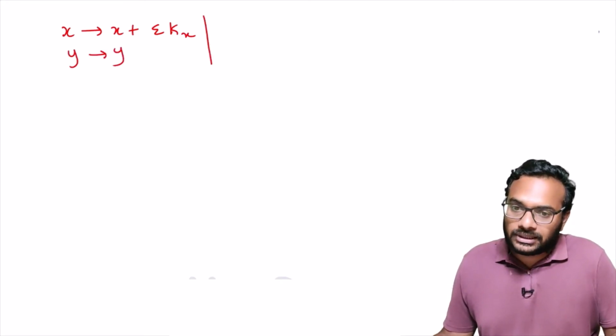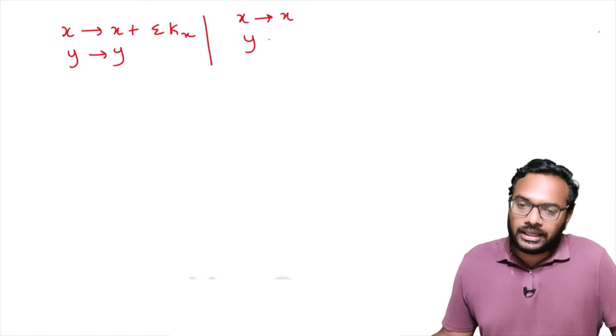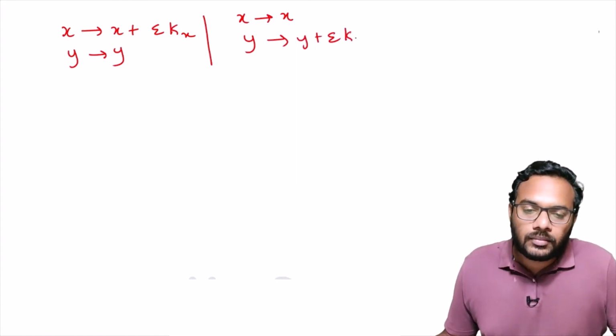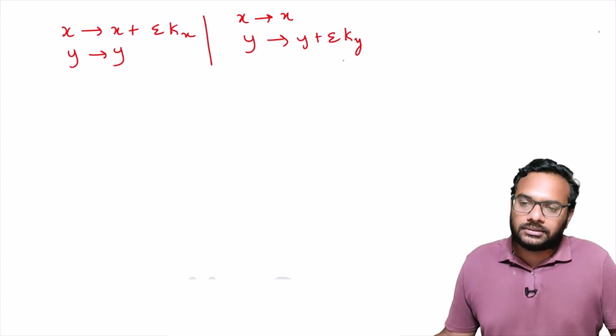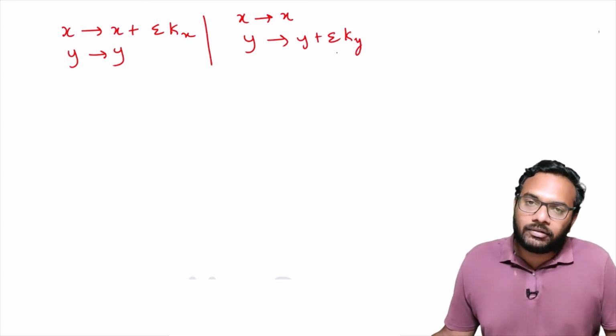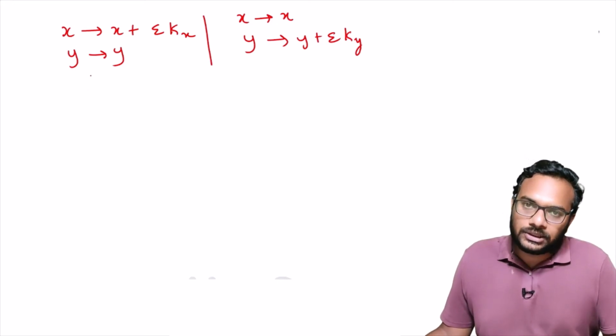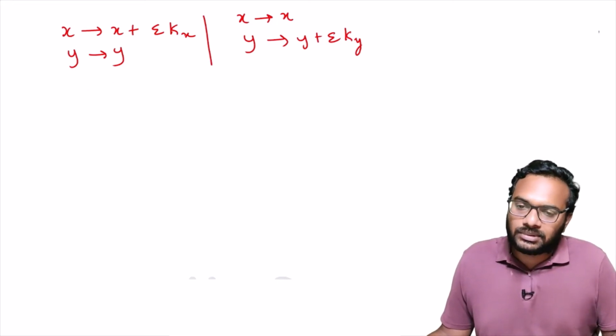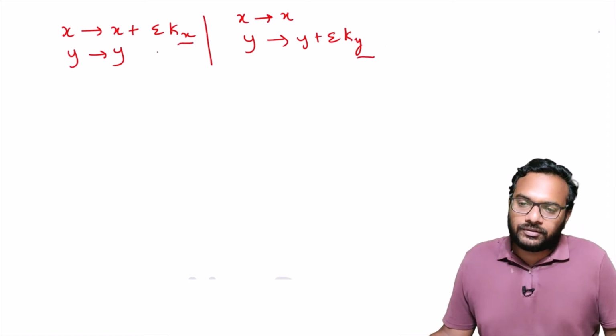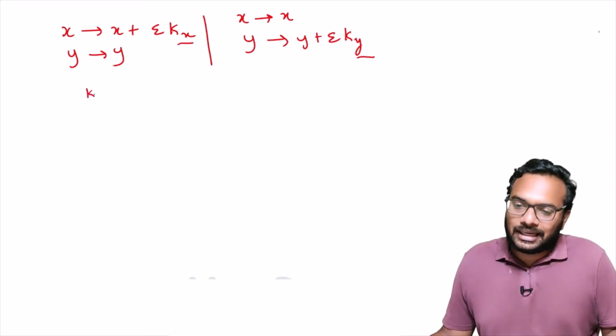That's one symmetry. There's another symmetry, x remaining the same and y changing from y to y plus epsilon ky. Now this kx and ky can be any constant. You'll see that we can choose any constant and they all give conserved quantities, but we'll take the simplest possibility: we can take kx and ky as 1.